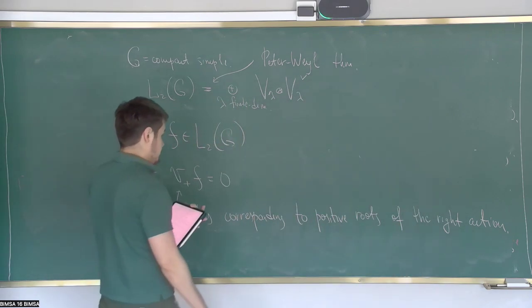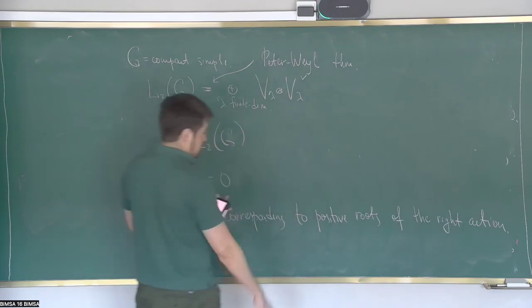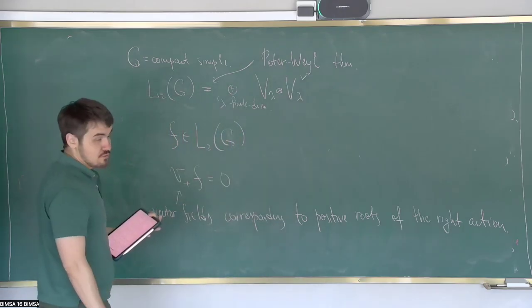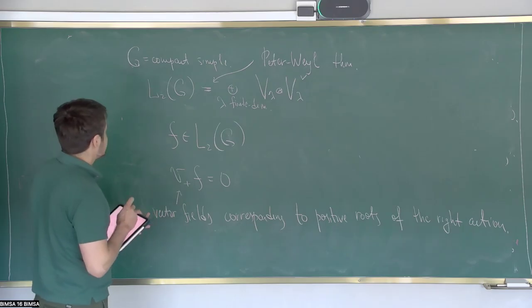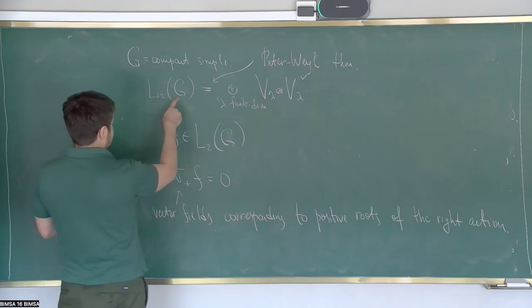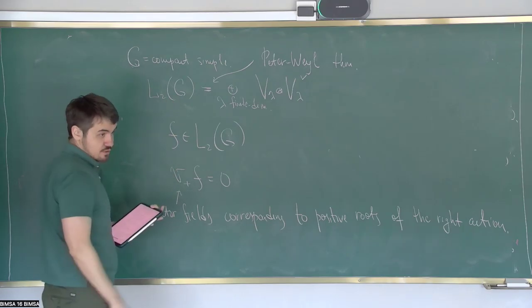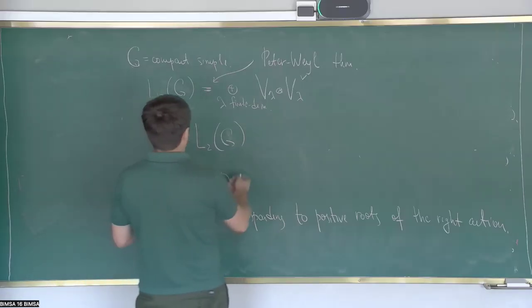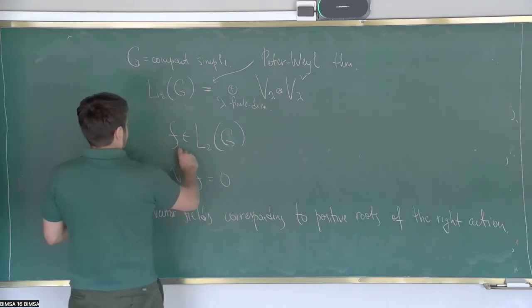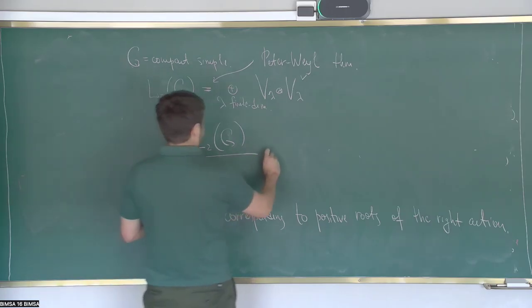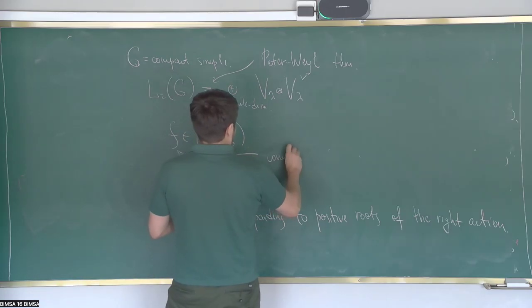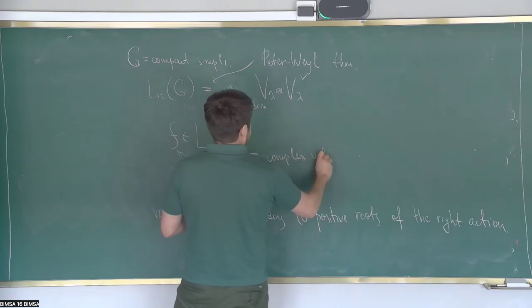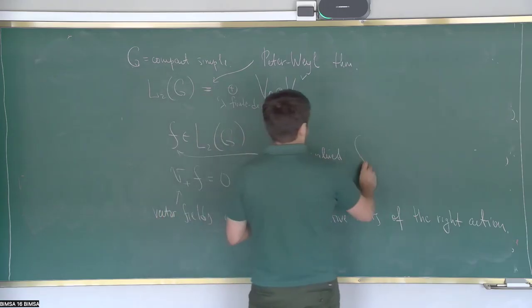And by the way, these positive roots take values in, they are elements of the complexified algebra. So this kind of automatically requires that these L2 of G are complex valued functions on G, which is the analog of a chiral superfield. That's fine. What I want to say: F is a complex valued function on G.